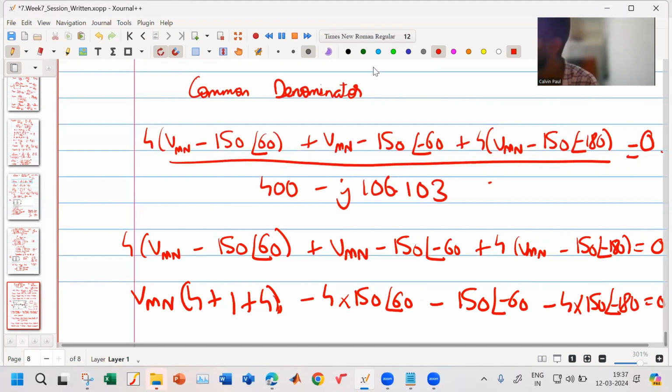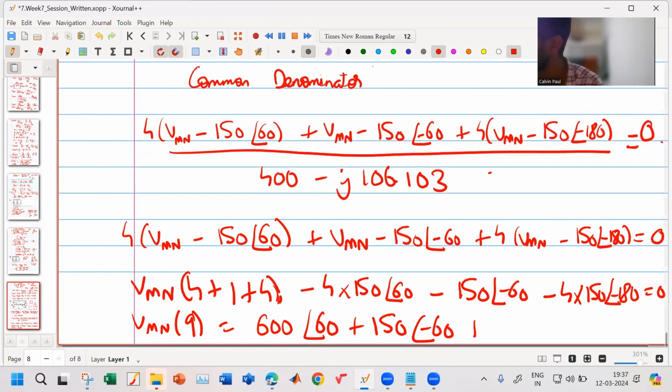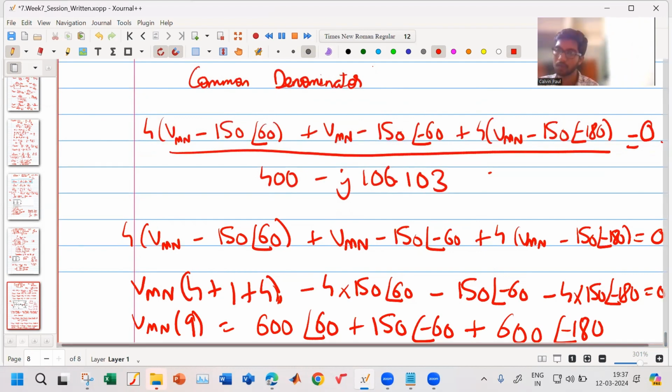So I have VMN into 9 is equal to 600 angle 60 plus 150 angle minus 60 plus 600 angle minus 180. Is this clear? Okay.